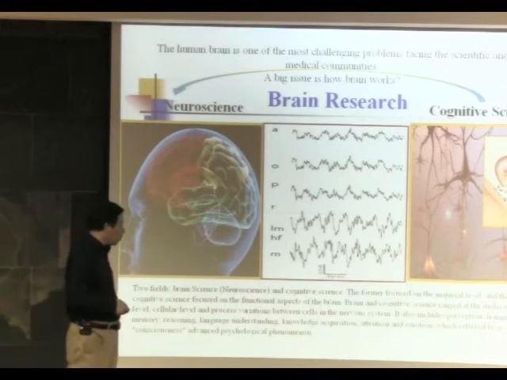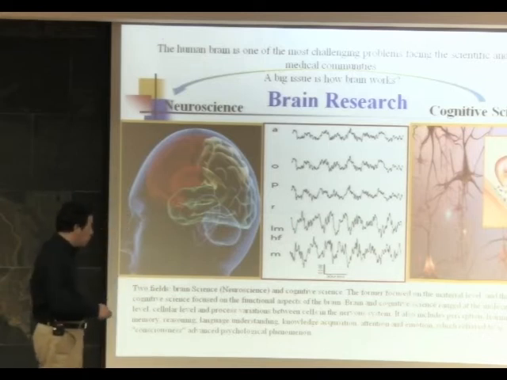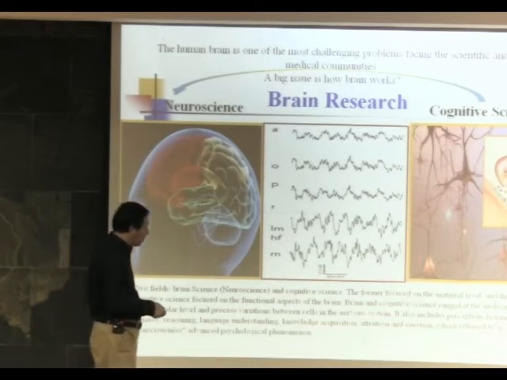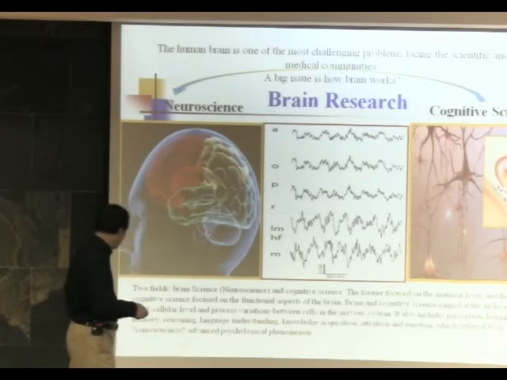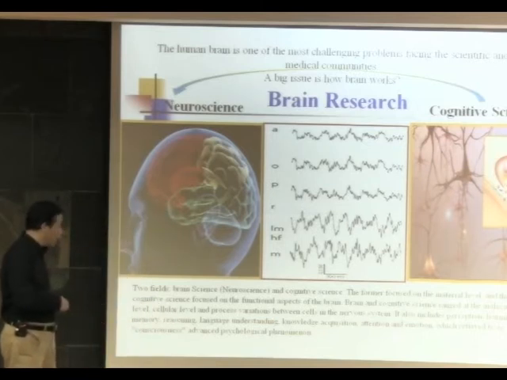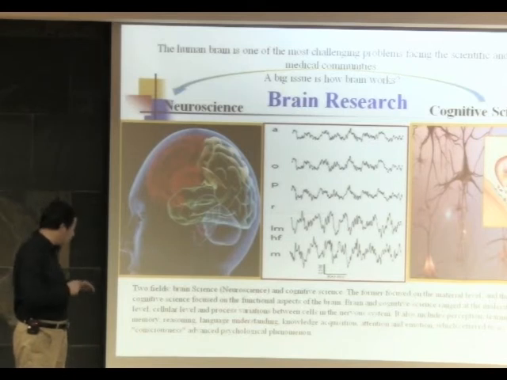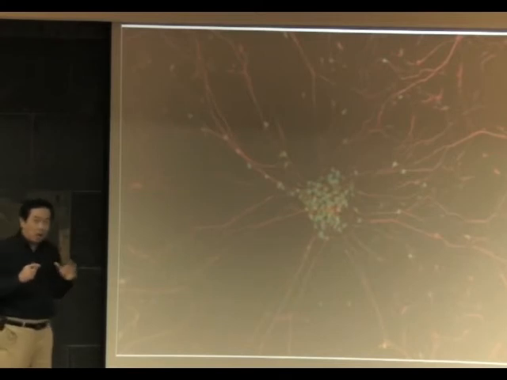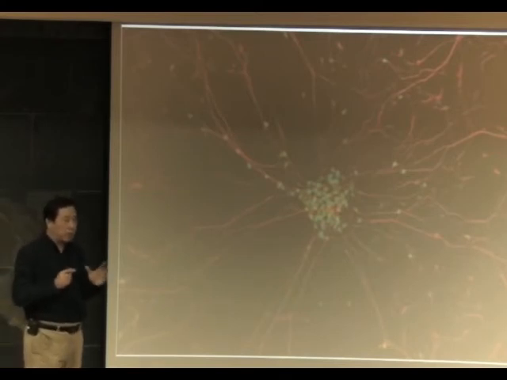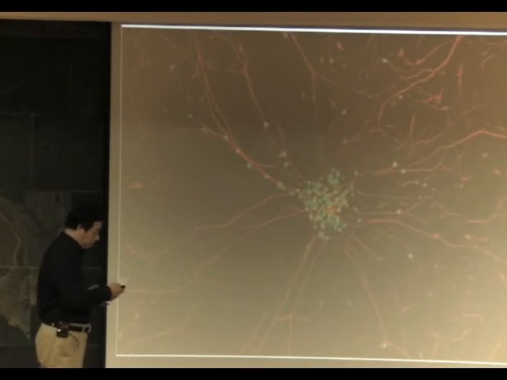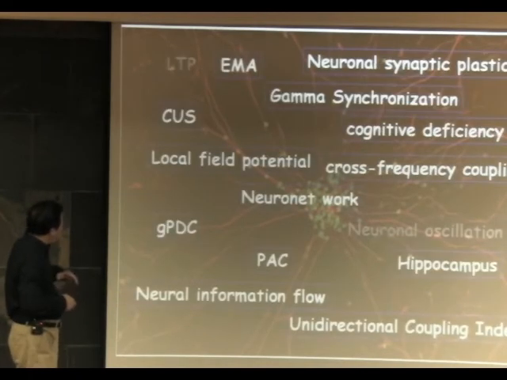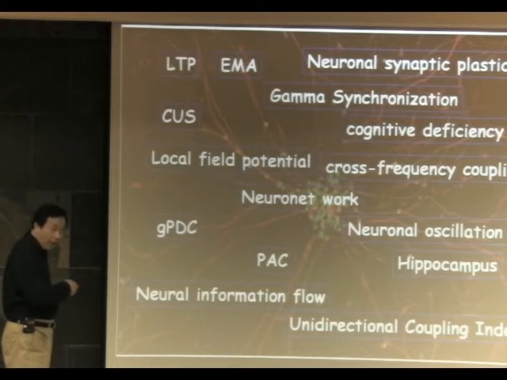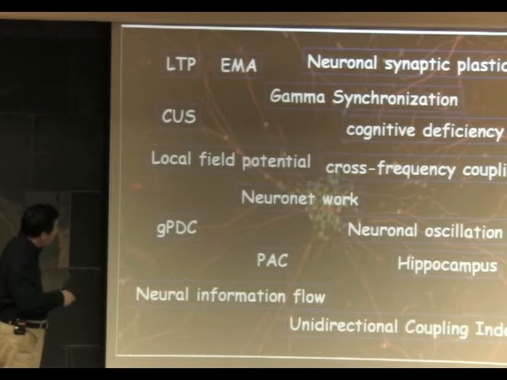They also include several functions, for instance perception, learning, memory, reasoning, language, understanding, and so on. So there are a lot of things we can do for brain science, and in my lab, all of these components are involved in this study.